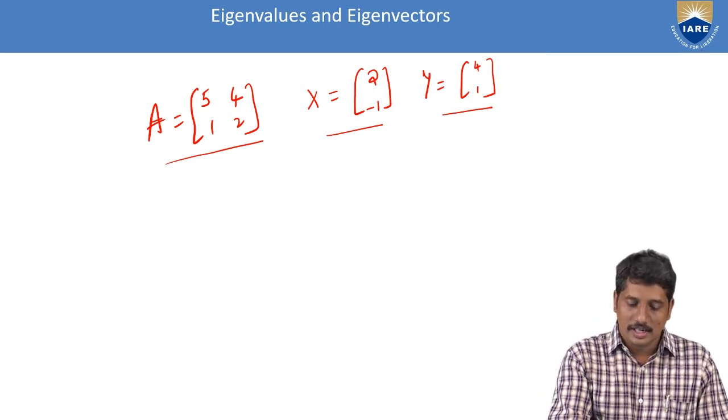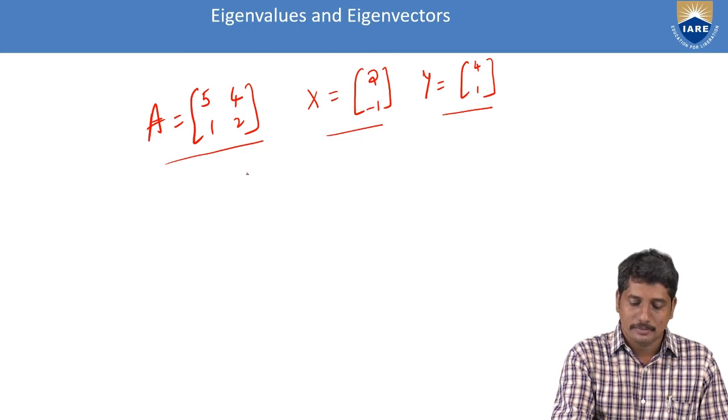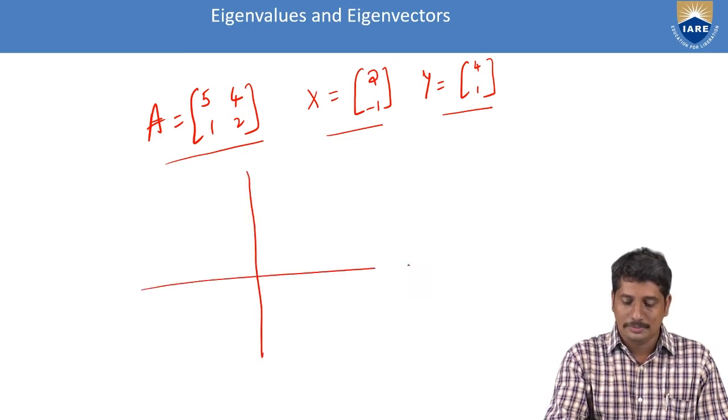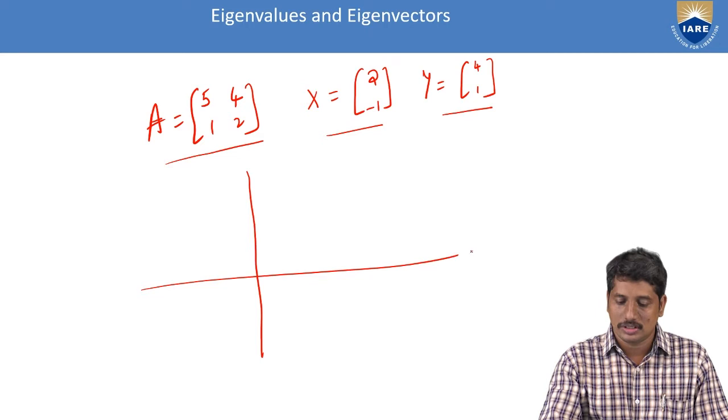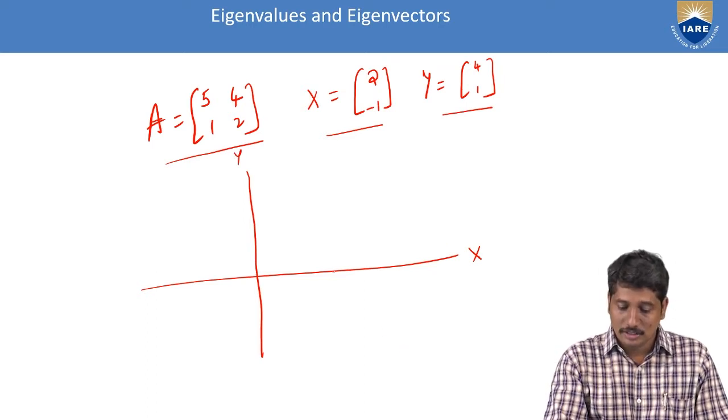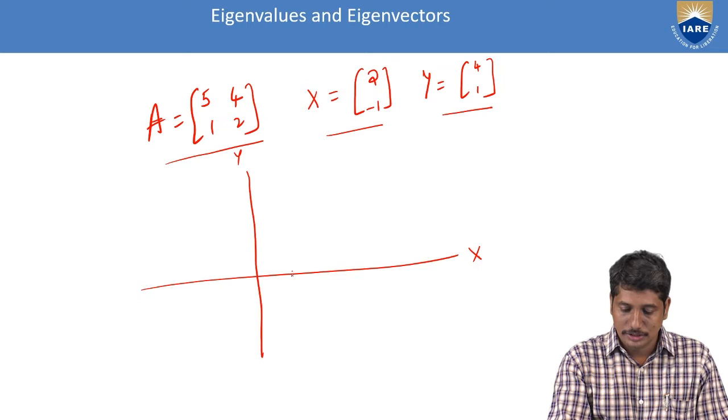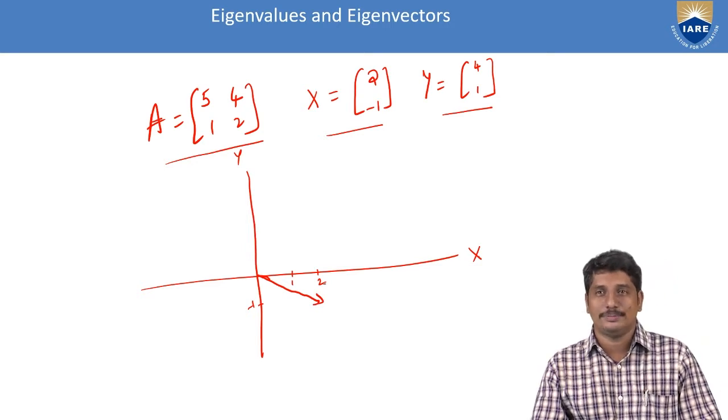Now, first I'd like to project them on an xy plane. That means I'm going to plot the vector x on xy plane. If you project the vector 2, minus 1, here you'll see 1, 2 and minus 1. The vector will be here, and hence you can locate the vector as this column vector. This is 2, minus 1.